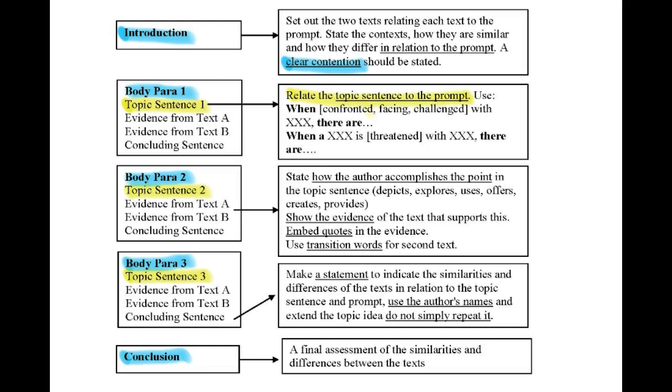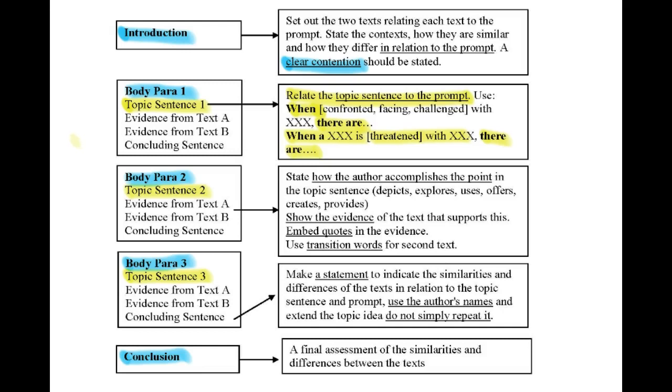So probably a good way to think about phrasing this is using this particular structure. When confronted or facing or challenged with something, there are some consequences, or when something is threatened by something else, there are consequences. So that's a sort of way of thinking about how you present your topic sentence.